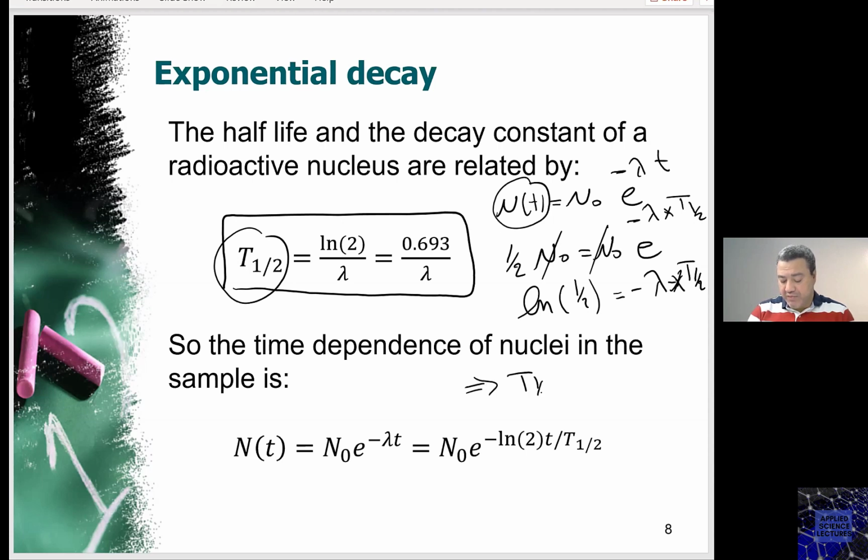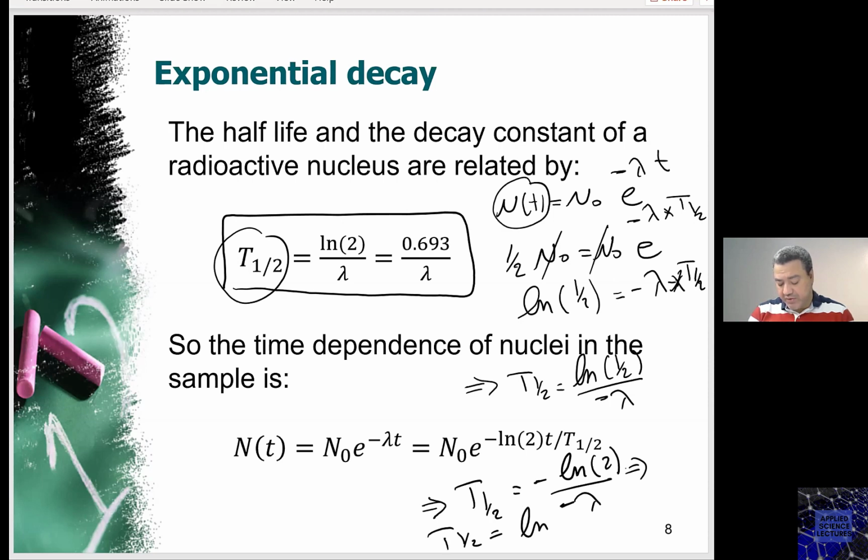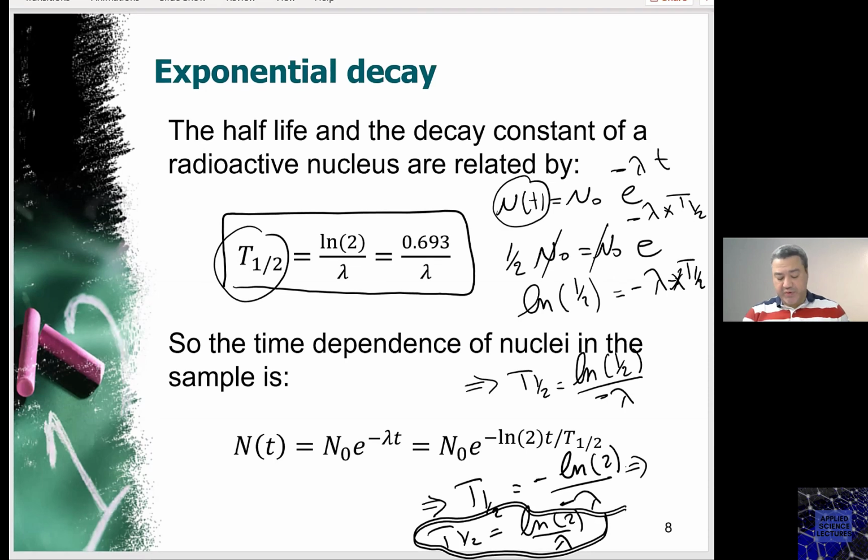Then t half is the natural logarithm of half divided by minus lambda, or minus natural logarithm of 2 divided by minus lambda, so t half is natural logarithm of 2 divided by lambda. This is how we got this expression.